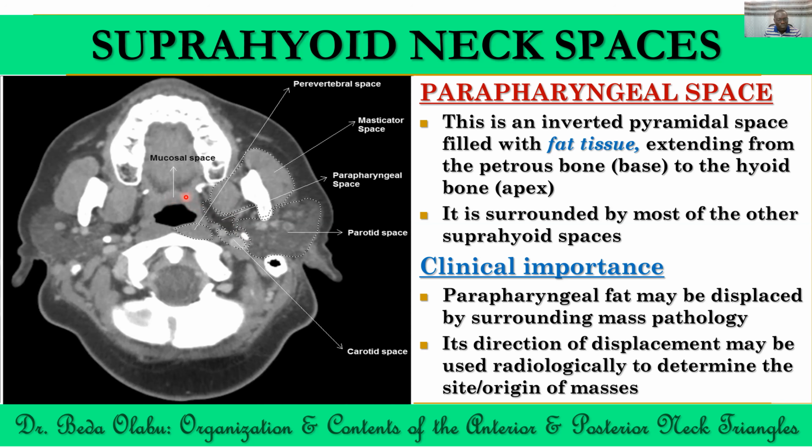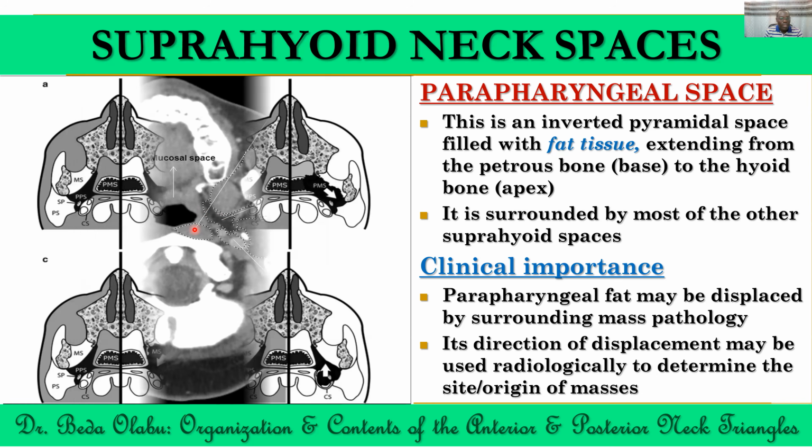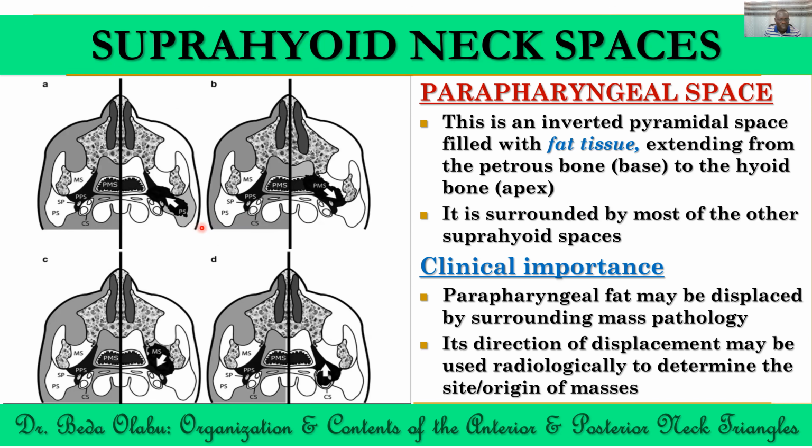But if you have a mass in the pharyngeal mucosal space, which is this one, it will displace this particular fat posterolaterally. A mass in the masticator space will displace this fat posteromedially. The fat will move away from the site of the mass, as shown in these particular images.